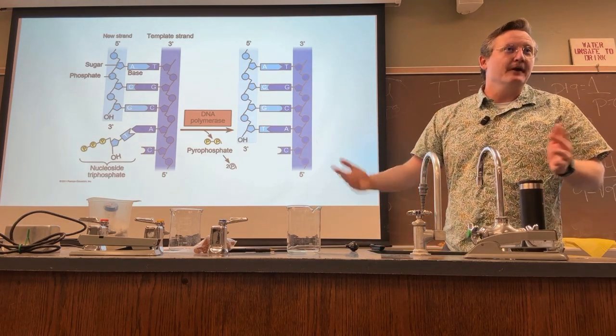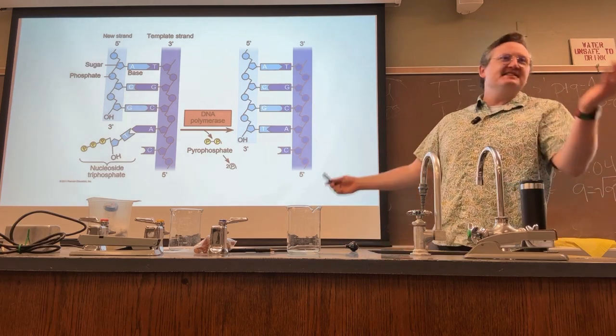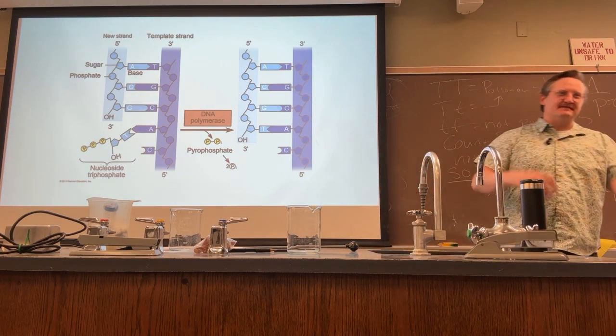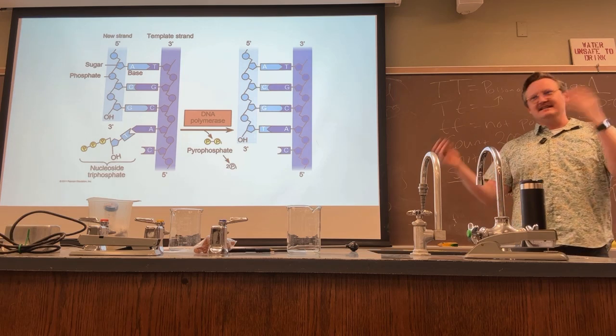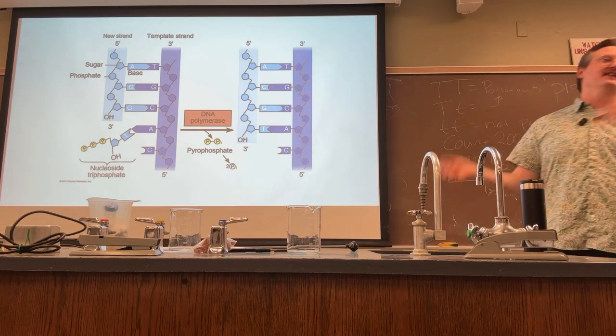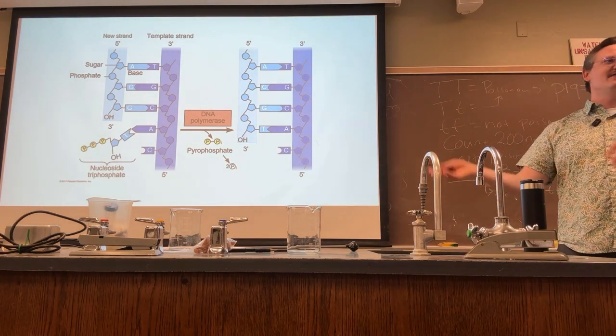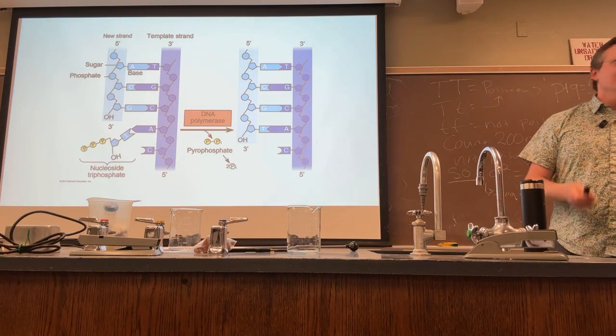Yeah, the bases need to be assembled. The bases are floating around. They're everywhere. The body builds up nitrogenous bases. The body needs nitrogen to do so. That's why you have to eat all this protein to get the nitrogen atoms out.